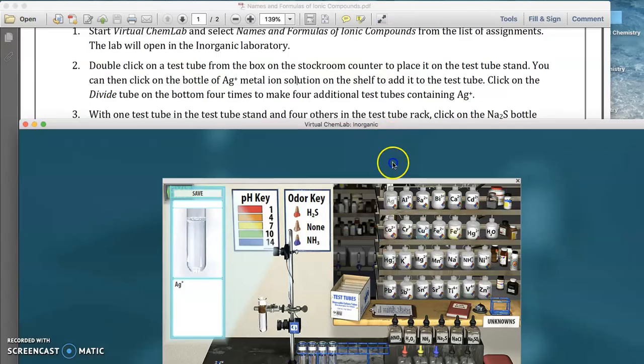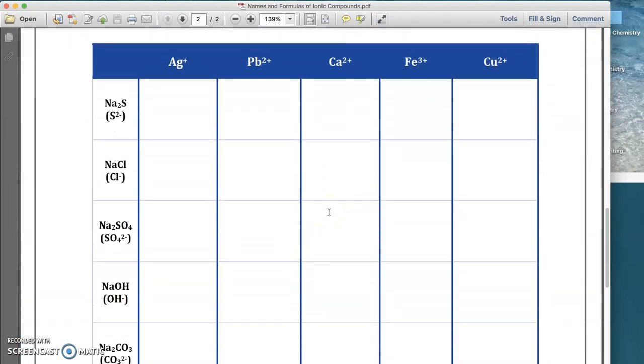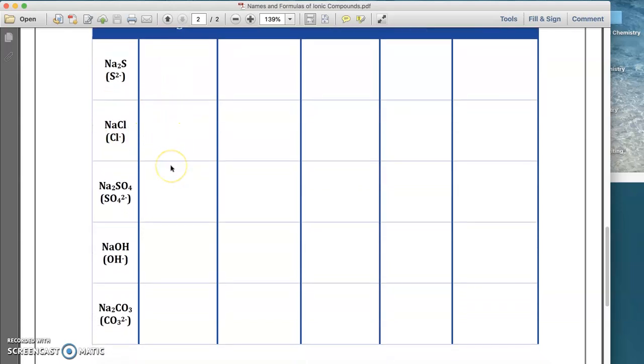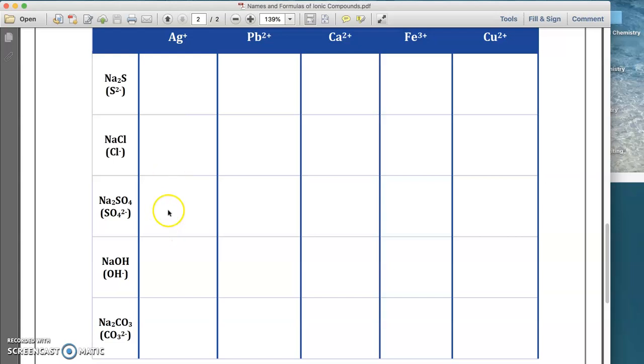Now, what we're going to be doing is we're going to take that silver ion here, and react it with sodium sulfide and see what forms. Then we're going to take another test tube of silver and react it with sodium chloride and see what forms. Then we'll take the third test tube of silver and react it with sodium sulfate.